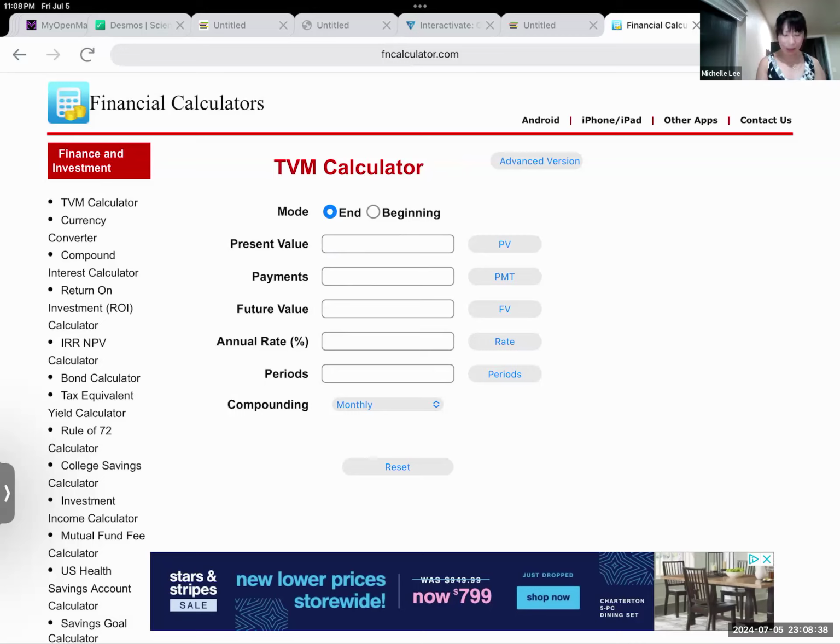All right. The question said that at the end of each month, right? So we are using end. Let me explain what end and beginning mean later on. For now, just click end as it is. Yeah, it's already there. And present value, they don't say anything about the present value, so we make it 0.